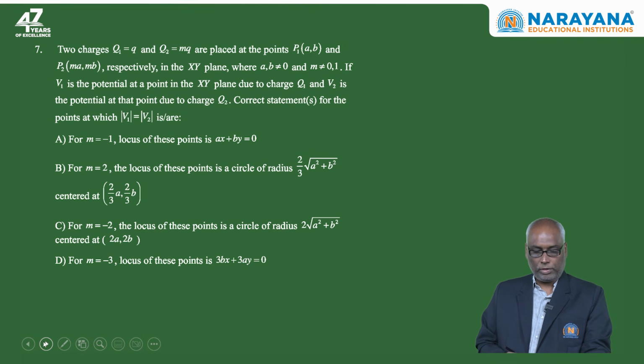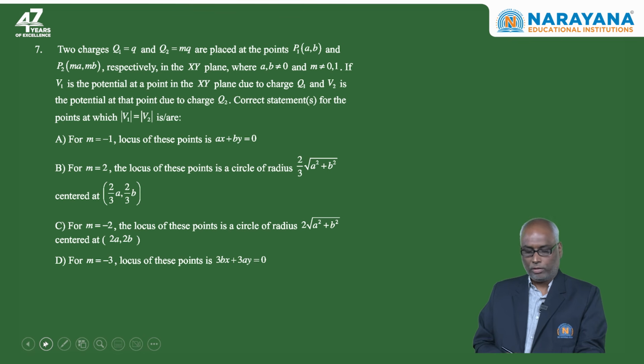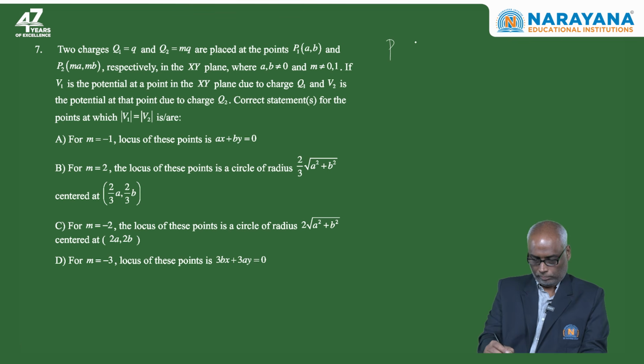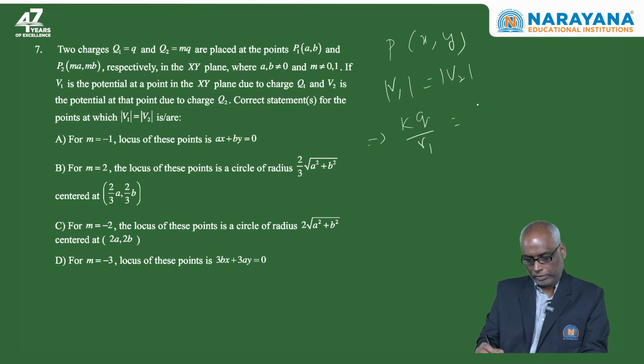Here, when V1 and V2 are equal, let us imagine that there is an arbitrary point P whose coordinates are (x, y). So magnitude of V1 should become equal to magnitude of V2, which implies kq divided by R1 should become equal to k into mq, the second charge, divided by R2. So k will get cancelled, q will get cancelled.